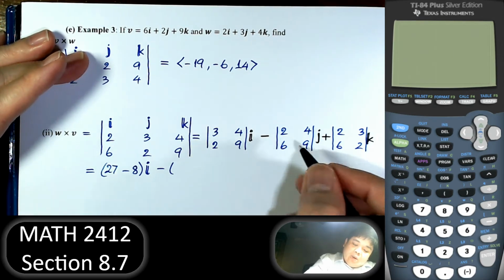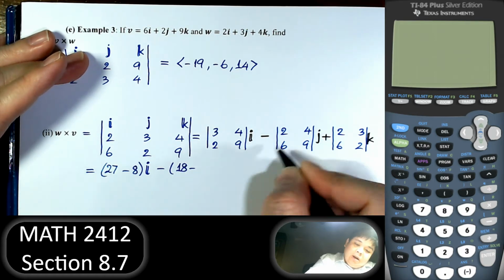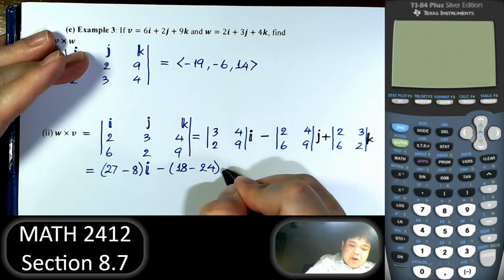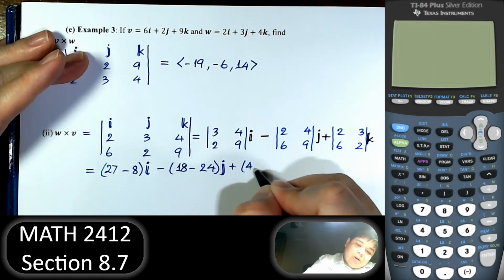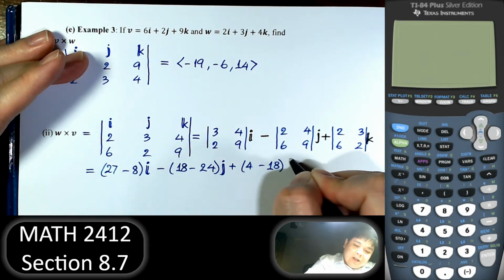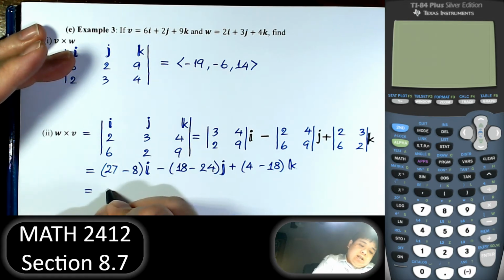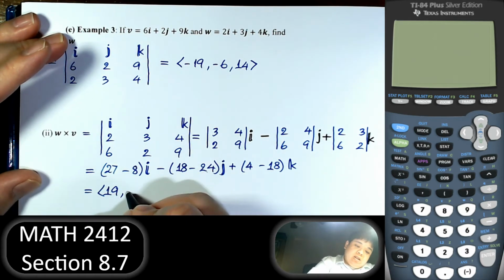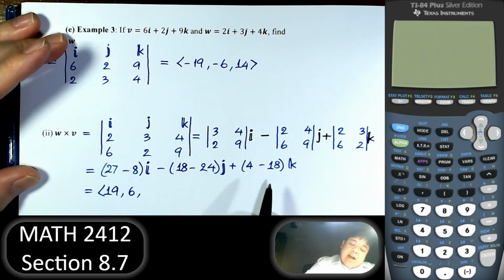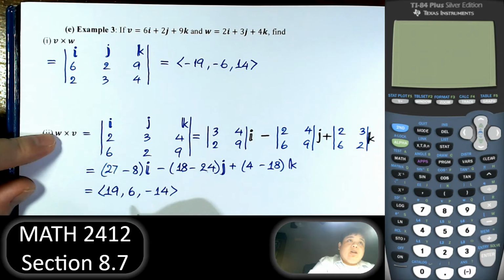Subtract 2 times 9 is 18, minus 24 in the J direction, and plus 2 times 2 is 4, minus 18 in the K direction. 27 minus 8, that's 19, the first component. Second component, 18 minus 24 is minus 6, with an extra minus gives us positive 6. And then 4 minus 18, that's minus 14. So that is W cross V.